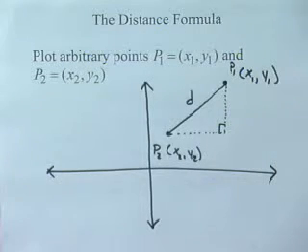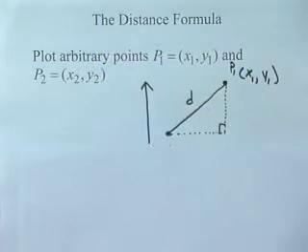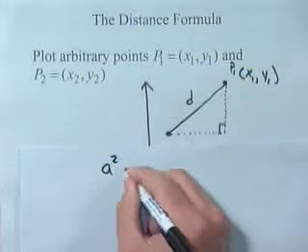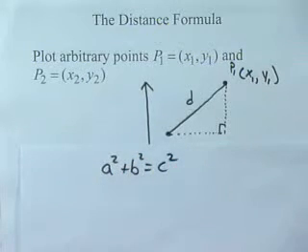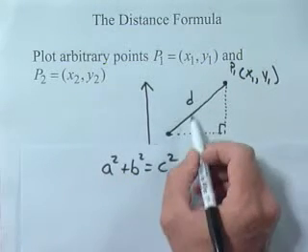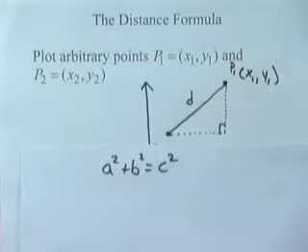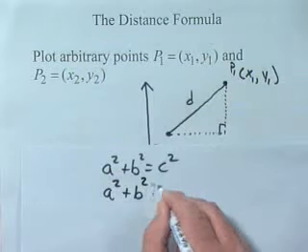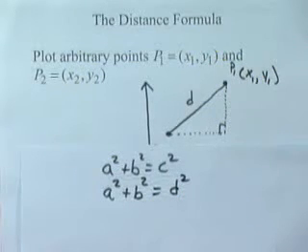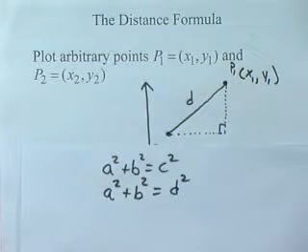Now remember, the Pythagorean theorem says that a squared plus b squared is equal to c squared. So I'll try to use the Pythagorean theorem to help us. Notice our c in this case is going to be called d. So maybe I can change this to a squared plus b squared is equal to d squared. So I'll just use a different variable.